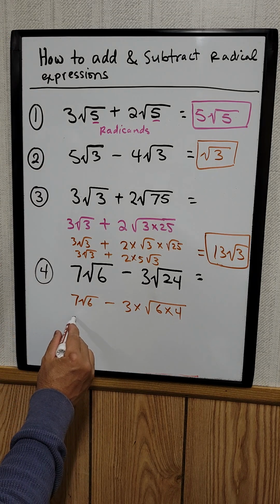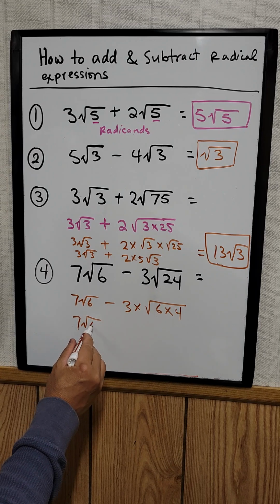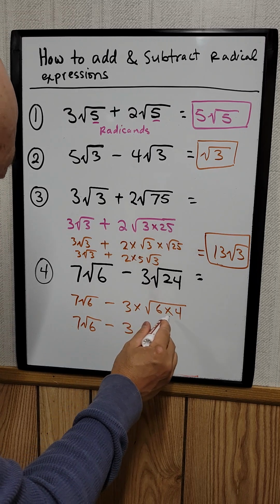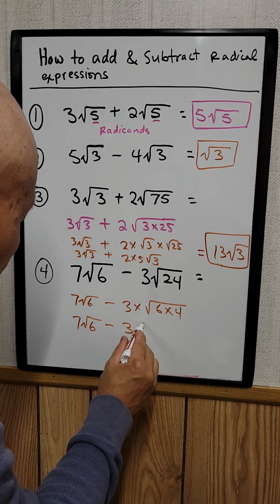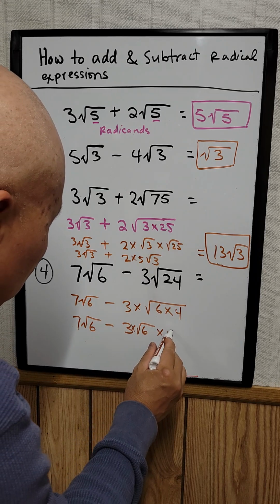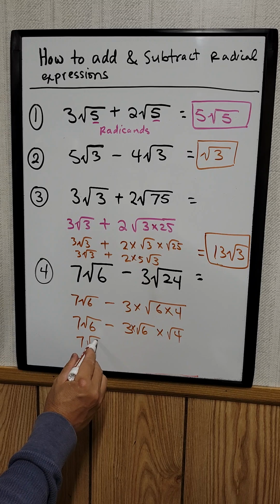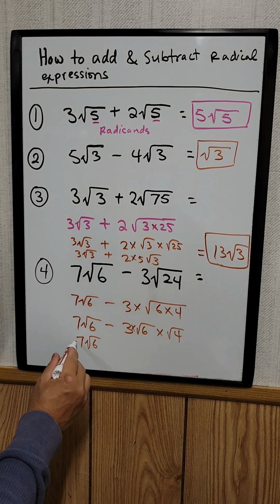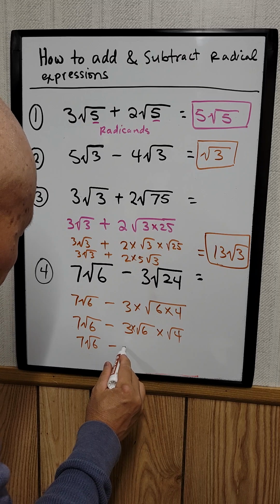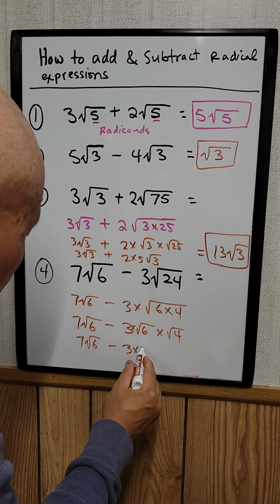So we can rewrite this again and say 7 times the square root of 6 minus 3 times the square root of 6 times the square root of 4. And we know that the square root of 4 is just 2.